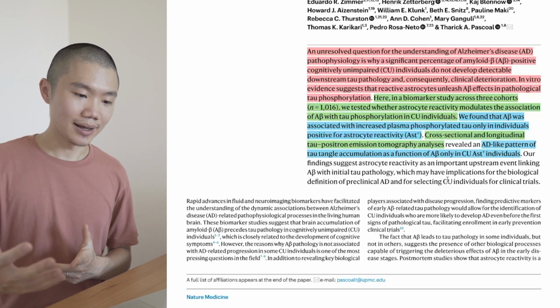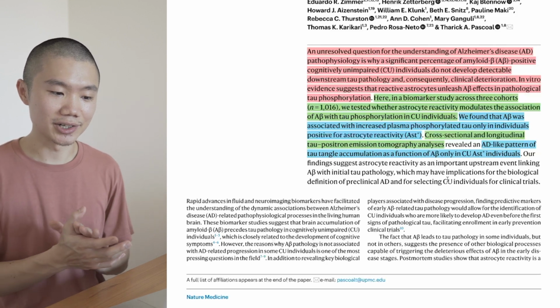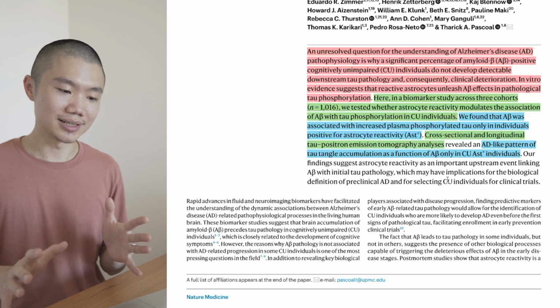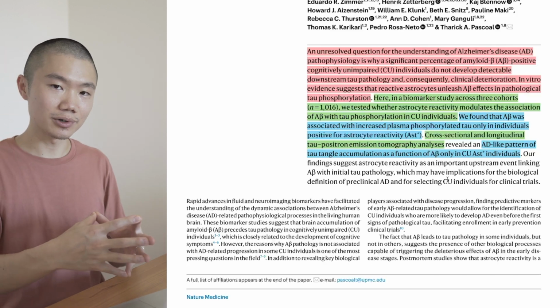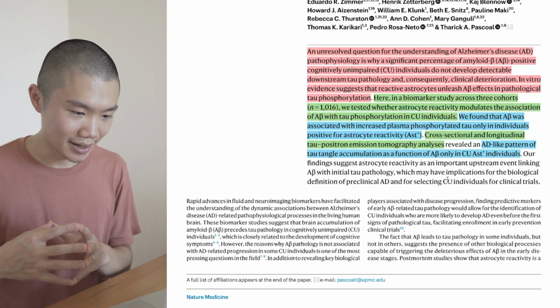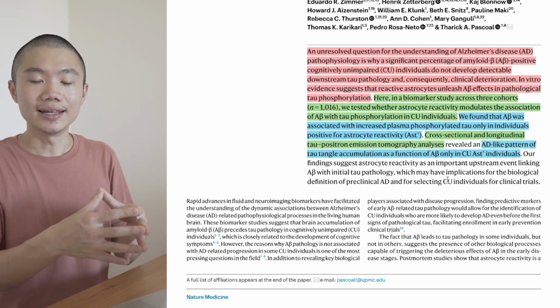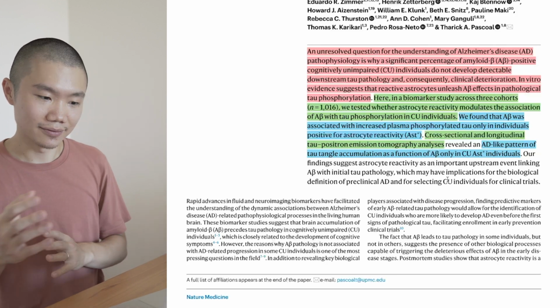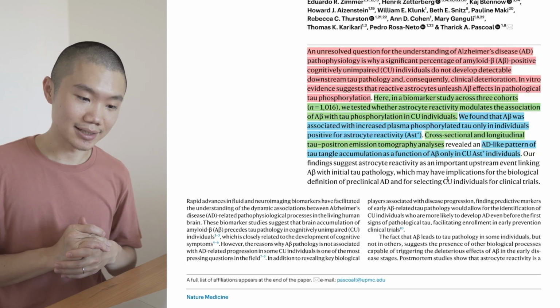They found that Alzheimer's disease-like pattern of tau protein accumulation is only present in patients with both amyloid protein as well as positive astrocyte reactivity, which confirms the finding in the previous experiment involving biomarker plasma analysis.